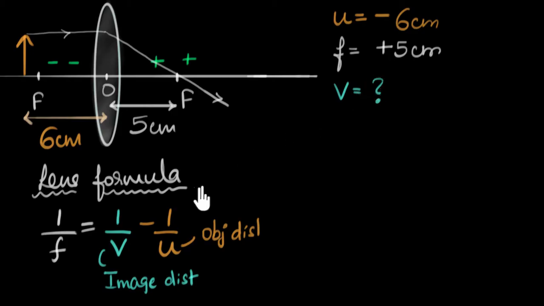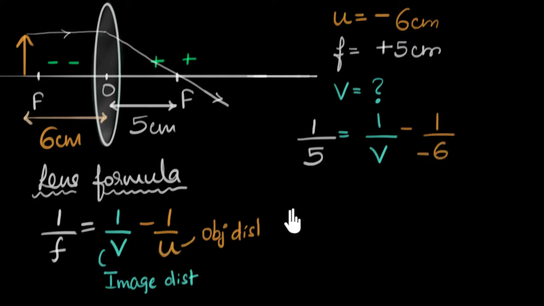If we substitute, we get 1 over plus 5 equal to 1 over v minus 1 over u, which is minus 6. Everything is in centimeters, so I'm not going to write the unit. Our v will also be in centimeters. After this, all that follows is algebra. Physics is pretty much done. So let's just do the algebra.